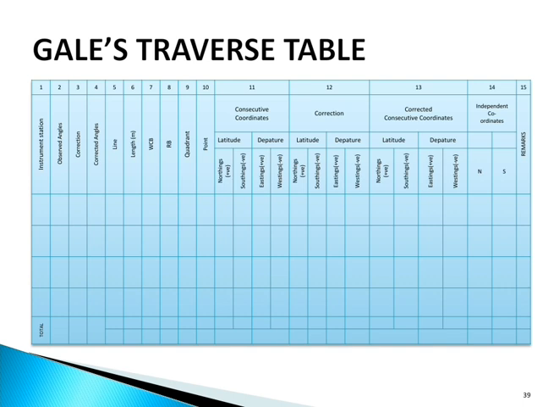Next, enter the whole circle bearings, denoted WCB, in column 7. Next, obtain the reduced bearing from the whole circle bearing and enter it in column 8.